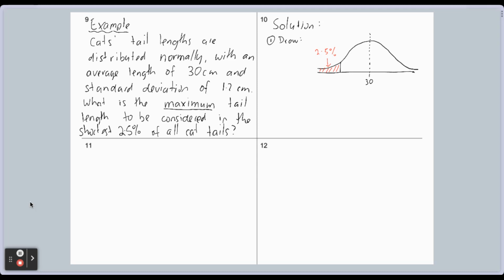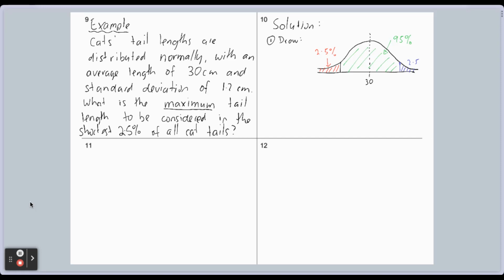Now, by symmetry, I can see that the tail here is also 2.5%, which means that the inside here is going to be 95%. Good news. If the bit in the middle is 95%, then if this is the value I'm looking for, let's call it little x.